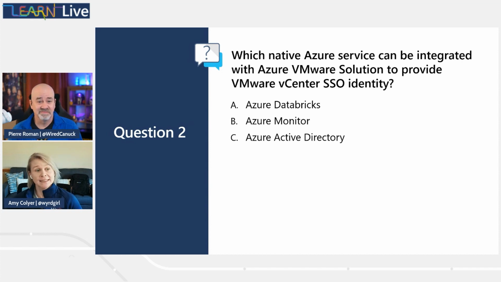Yeah, well, Azure Databricks, I think, is for storage. So storage and SSO, not necessarily the same providers. Azure Monitor would probably keep track of who's logging in and out, but won't be providing it. It won't give you single sign-on. So I think it would be Azure Active Directory.